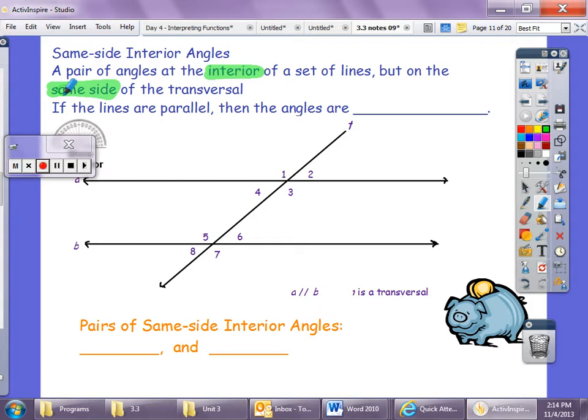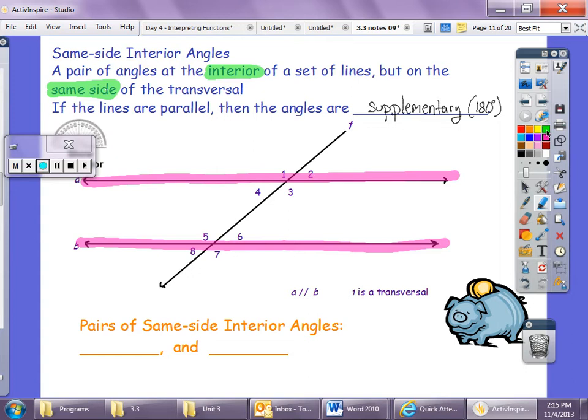If the lines are parallel, then the angles are, I hope you didn't write down congruent, these are supplementary. These angles are not congruent, they're supplementary. They're 180 degrees.